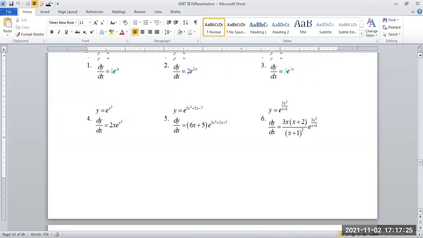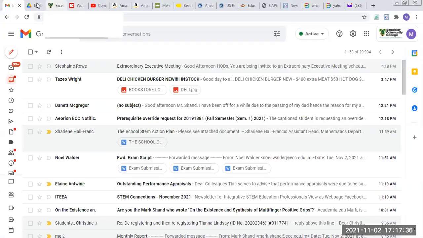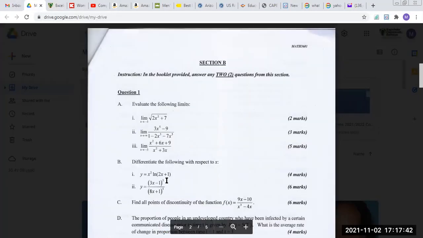I have on screen, let me see if I can share it, a document, a past paper that I want us to look at. We have done this question already.